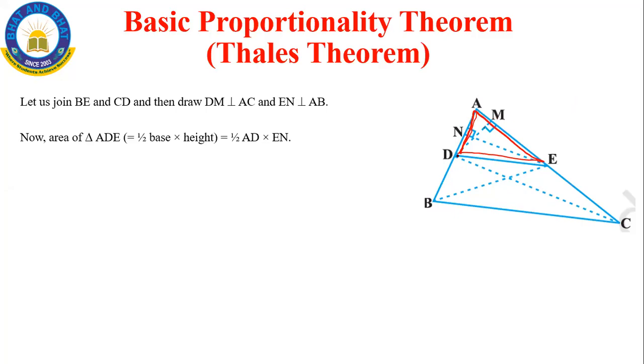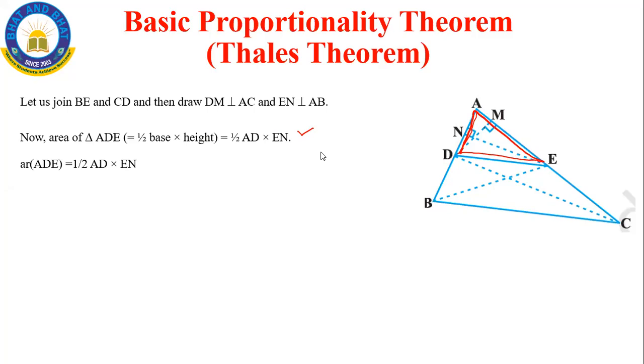When I consider triangle ADE, AD will be my base. And for AD, EN is the perpendicular, so that is my height. So the area of triangle ADE is half into base into height, that is half into AD into EN.